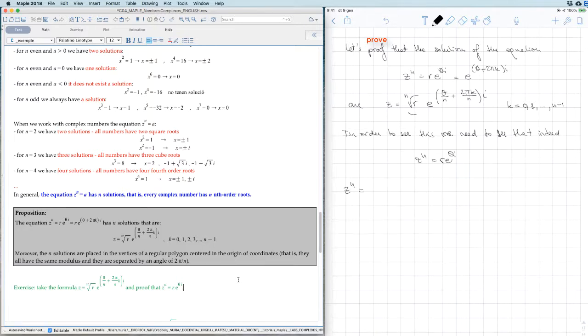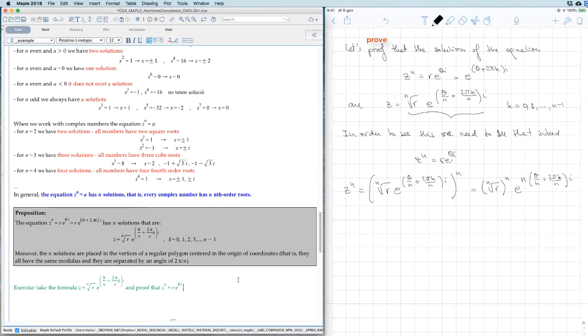So we take this z here, and we raise it to the power n. Remember that when we make powers, we take the power of the modulus and we multiply by n the argument.